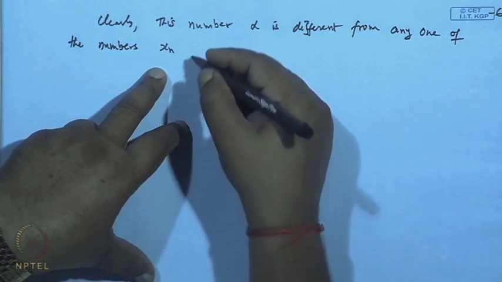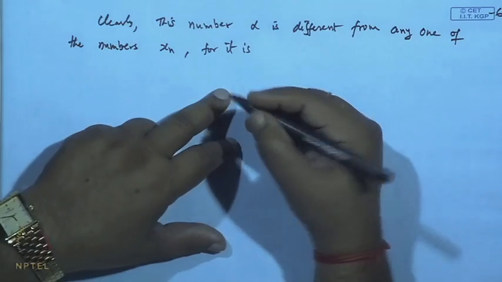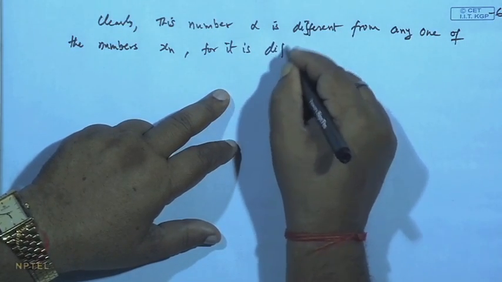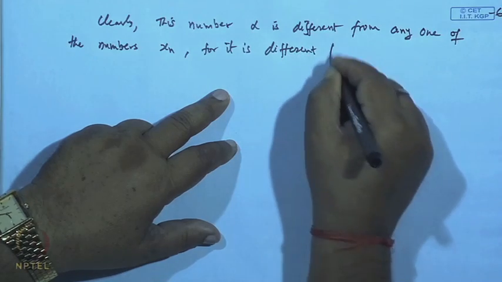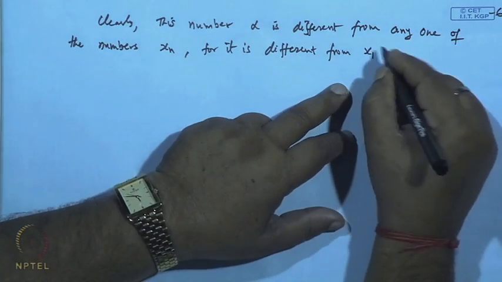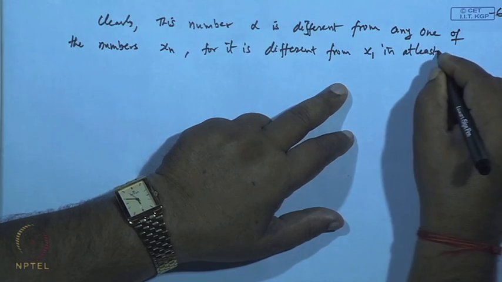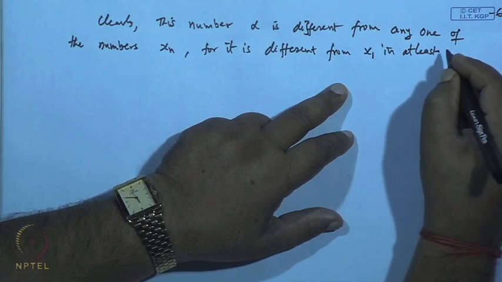For it is different from x 1 in at least the first digit.